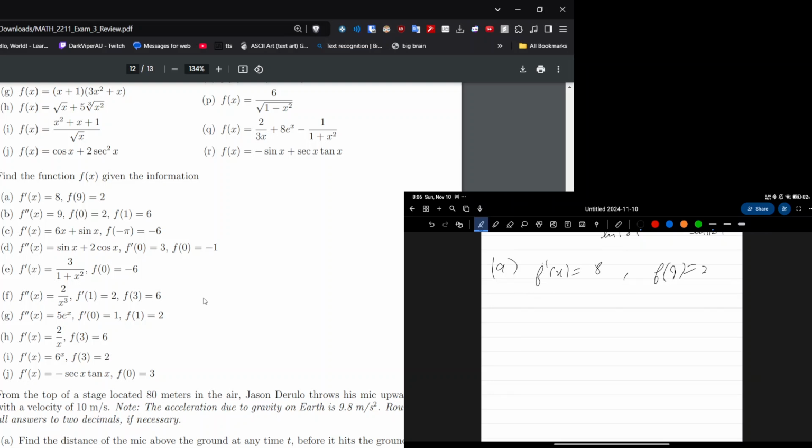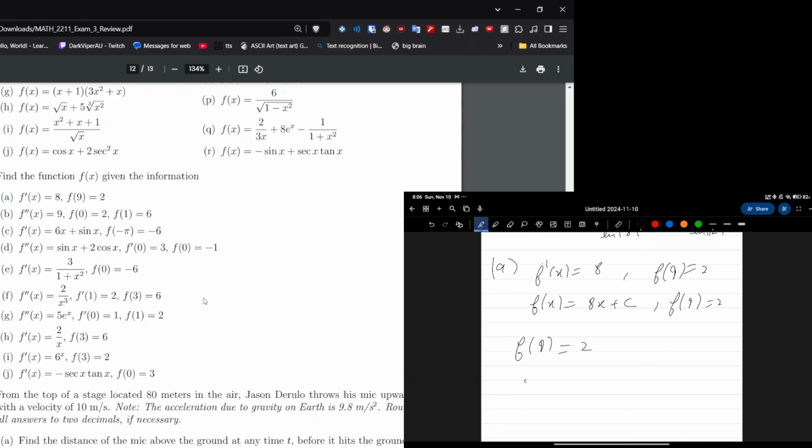Now we need to go back to f of x, right? So I can take the antiderivative. So f dash of x would become f of x equals 8x plus c. Now I have been given this crucial piece of information which would help me find the c. So if I plug in 9, I get 2.